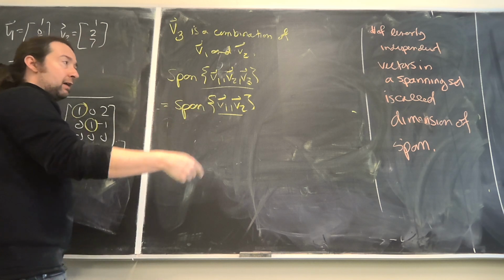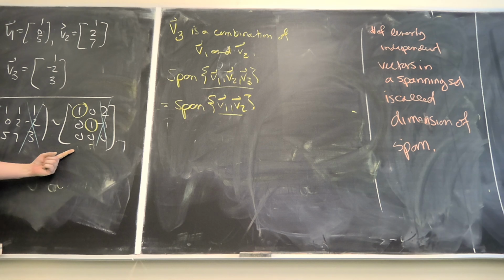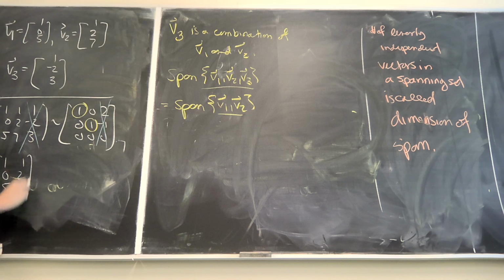Notice that when you took the V3 away, the vectors that were left are now linearly independent. If you just ignore this column and write down the matrix for those two vectors, 1, 1, 0, 2, 5, 7, it row reduces to 1, 0, 0, 1, 0, 0. There's a pivot in every column.